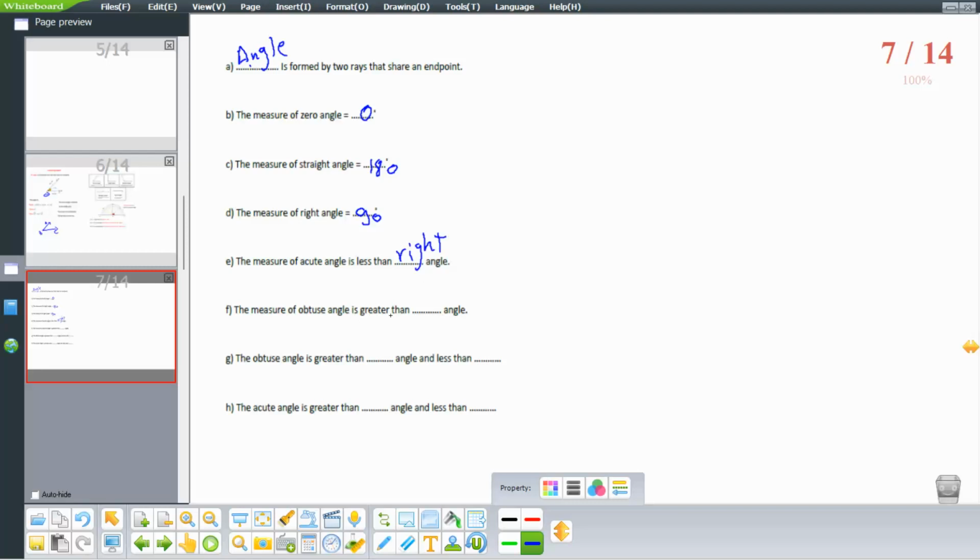The obtuse angle is greater than the right angle. The obtuse angle is greater than what angle and less than what? The obtuse angle is greater than right and less than straight. The acute angle is greater than 0 and less than the right angle.